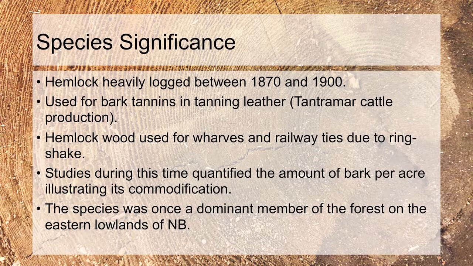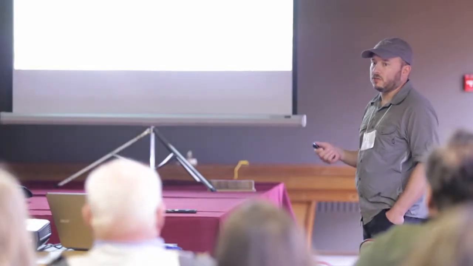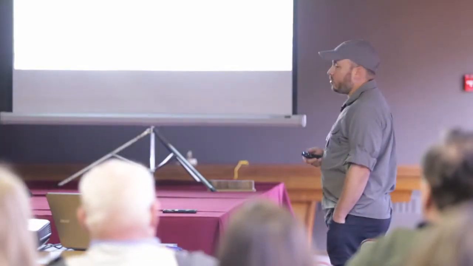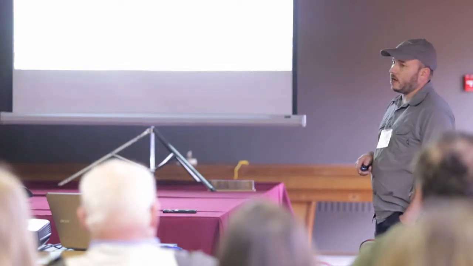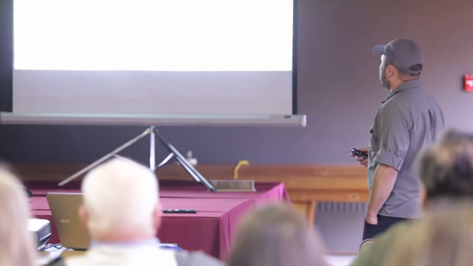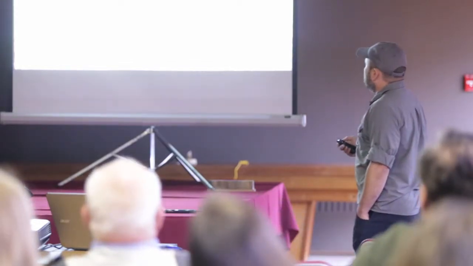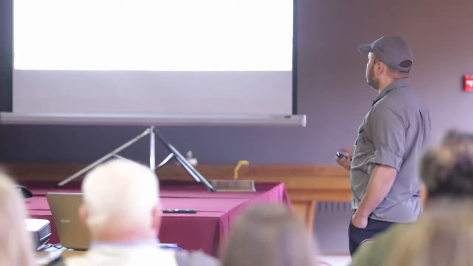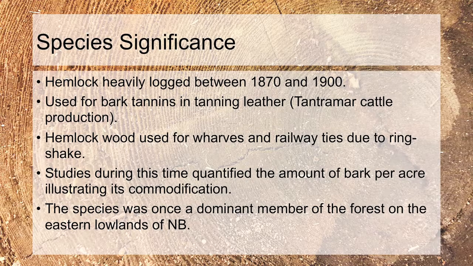And a little background on hemlock, for those of you who maybe don't know the history too well. Hemlock was heavily logged between 1870 and 1900. The bark was mostly used for tannins in leather production, and as you can imagine, Tantramar Marsh area is very close to Cap Maringouin, the Pink Rock Lake area, and there was a lot of cattle coming off of those marshes, so they needed a lot of tannins to tan hides for export, so that means you need a lot of hemlock bark.